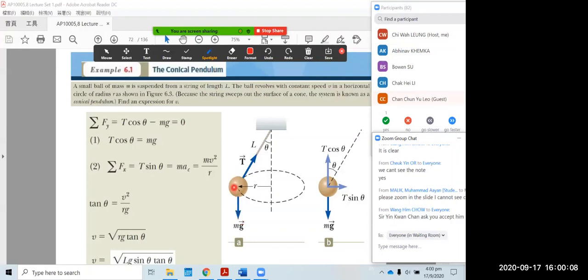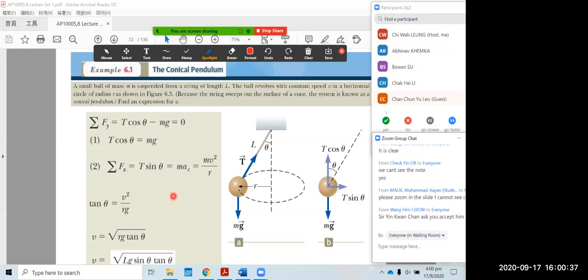On the other hand, now you have this object moving in a circular path. The center of the circular path, which is a horizontal path, is, say, in this scenario, on the right-hand side of the mass. So it points towards the center of the circular orbit. So the horizontal tension component provides the centripetal force.